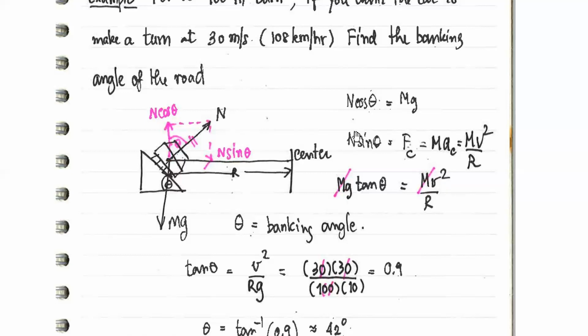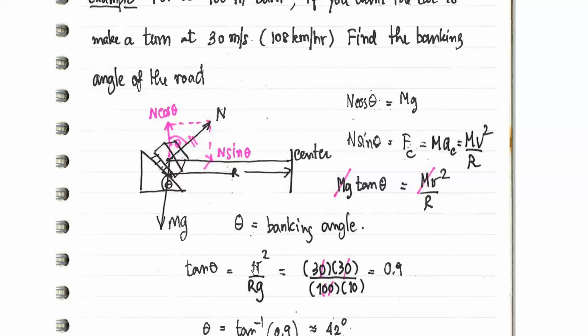To get rid of N, we get mg tan theta equal to mv squared over r. The mass cancels, and tan theta, which is the banking angle, is actually v squared over rg.